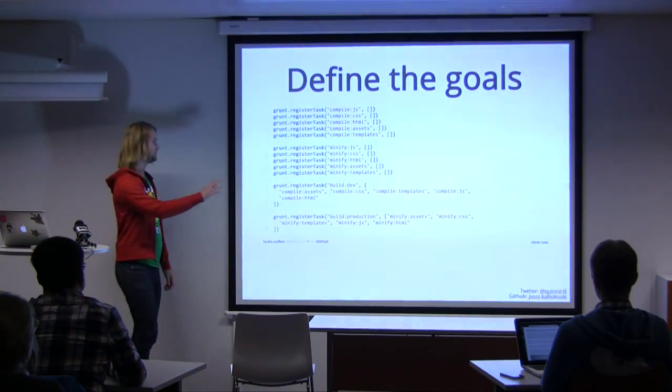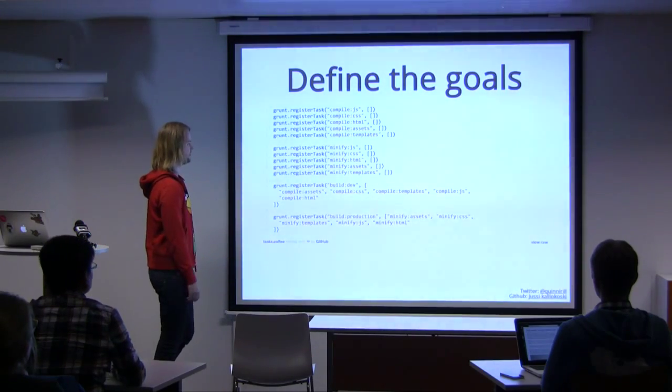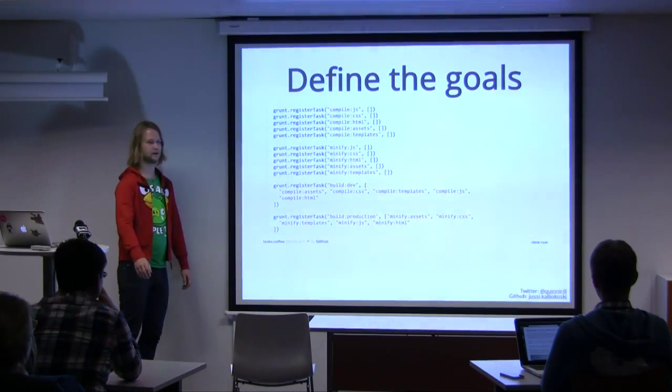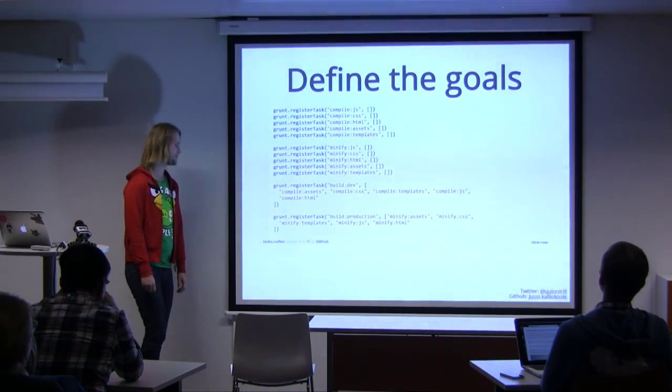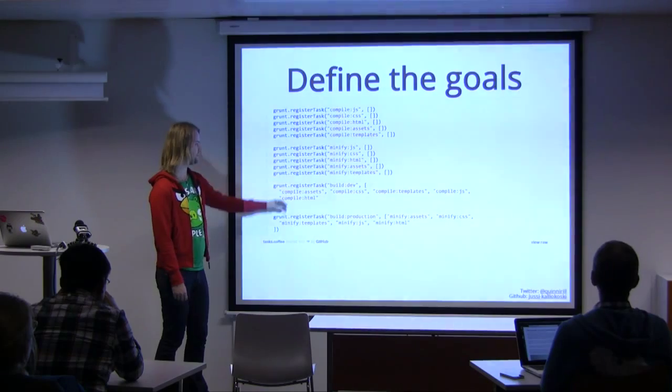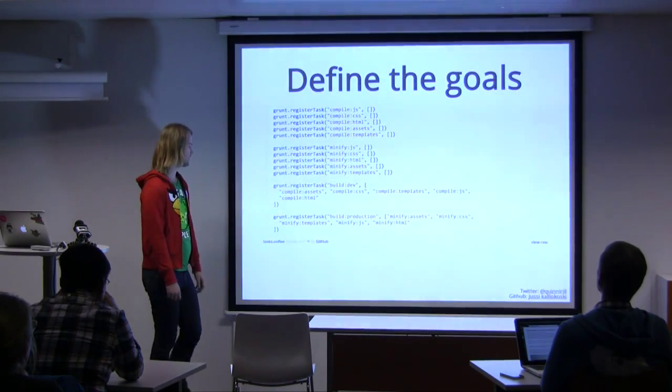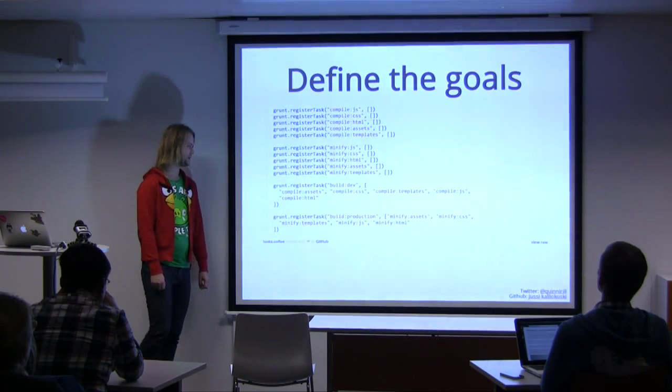So we want to minify JS, minify CSS, minify HTML, minify assets, minify templates. Then we have two tasks, build dev and build production, where build dev just does the compilation phase and build production also does the minifying phase.